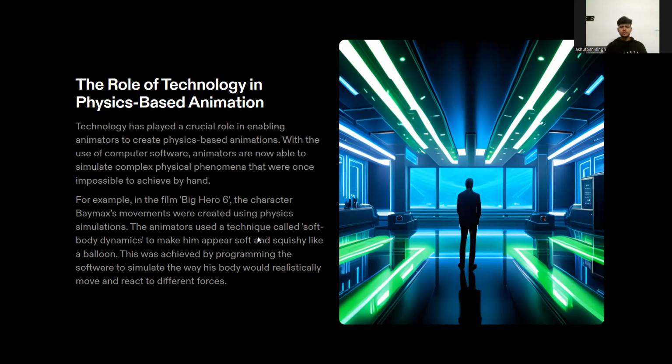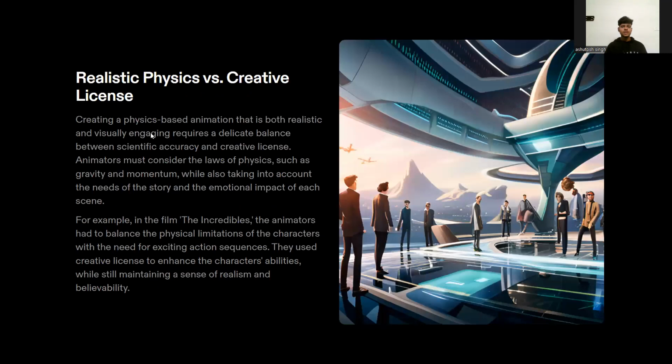The animators use a technique called soft body dynamics to make him appear soft and squishy like a balloon. This was achieved by programming the software to simulate the way his body would realistically move and react to different forces.